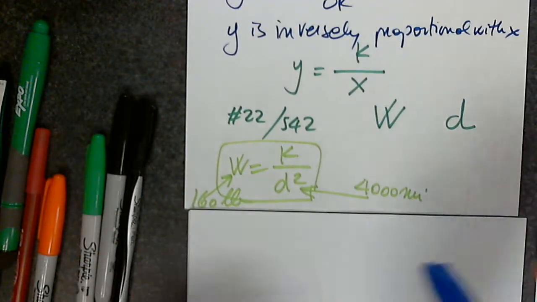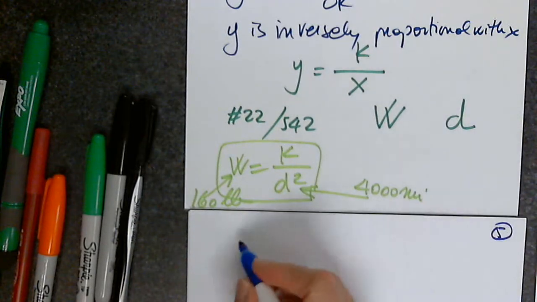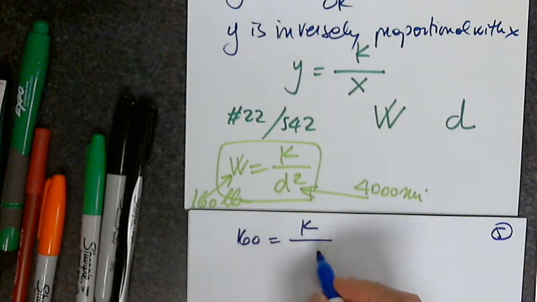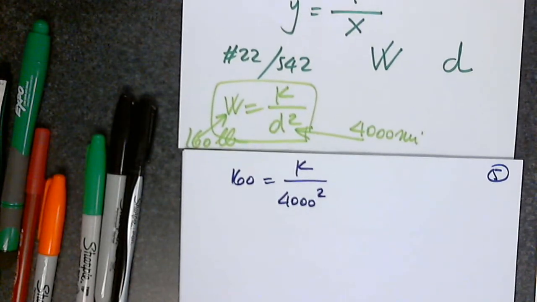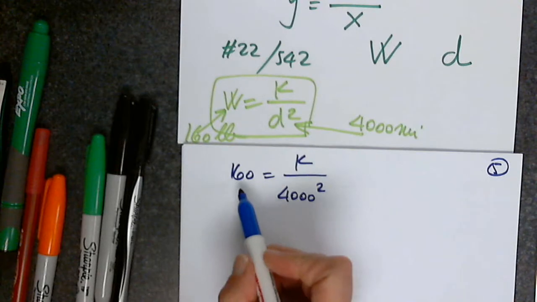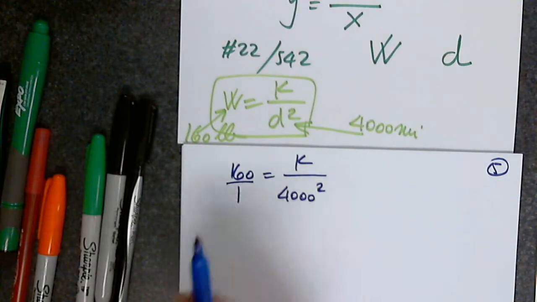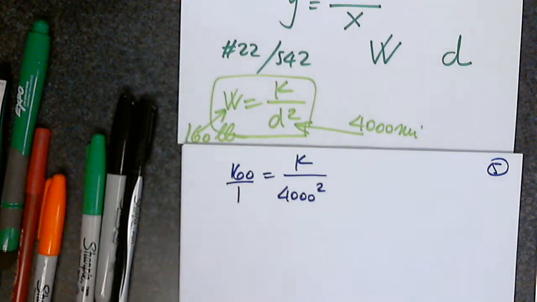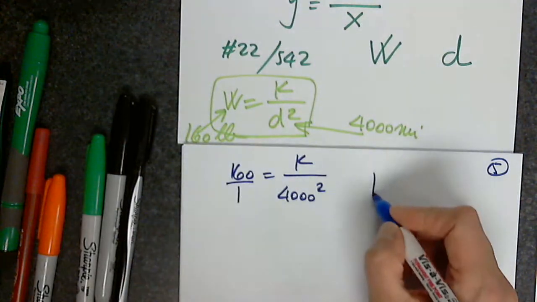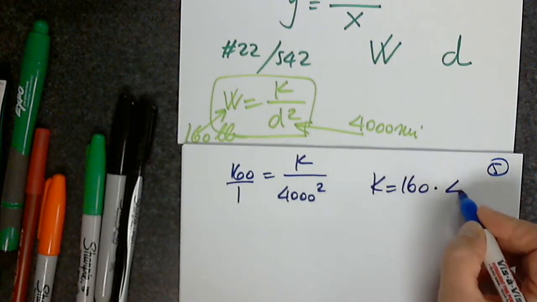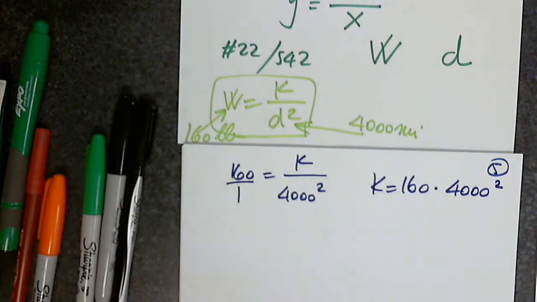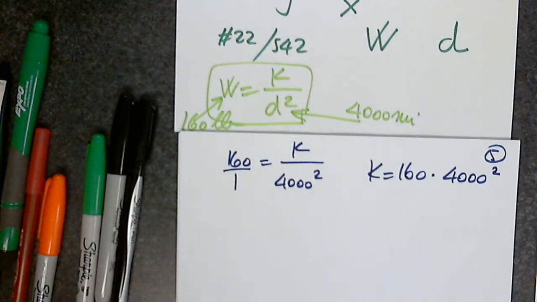So let's do that. So then I have 160 equals K divided by 4,000 squared. How do I determine K? Remember, this is nothing else but a proportion, or if you want, you multiply both sides by 4,000 squared. So K equals 160 multiplied by 4,000 squared. So 4 squared is 16, and multiplied by 16, it's 256.